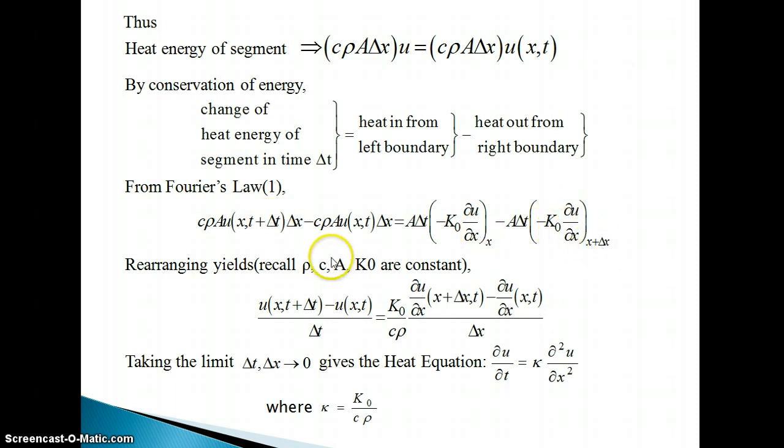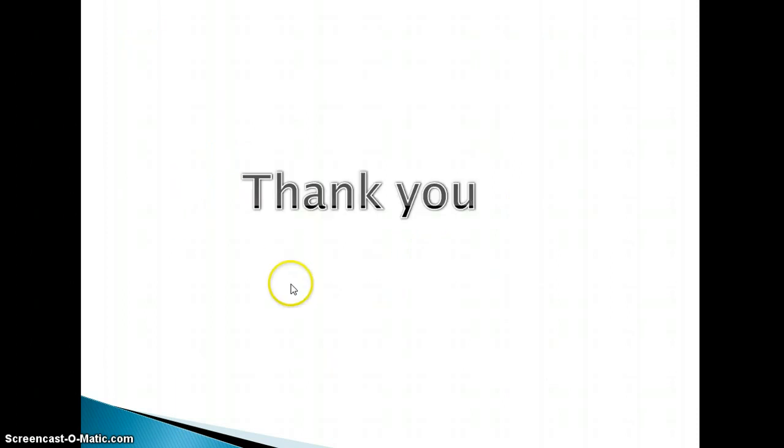So then, we know that by our assumptions, density, specific heat, cross-sectional area, and thermal conductivity are all constants. We can rearrange this by cross multiplying delta t to the left hand side, and rho c is moved from the left hand side to the right hand side, and the area capital A gets cancelled on both sides.